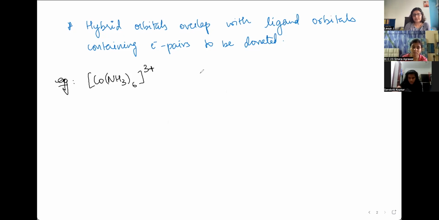What is the electronic configuration for cobalt? We'll start off with the atomic number for cobalt. Cobalt is 27. So what will its electronic configuration be?